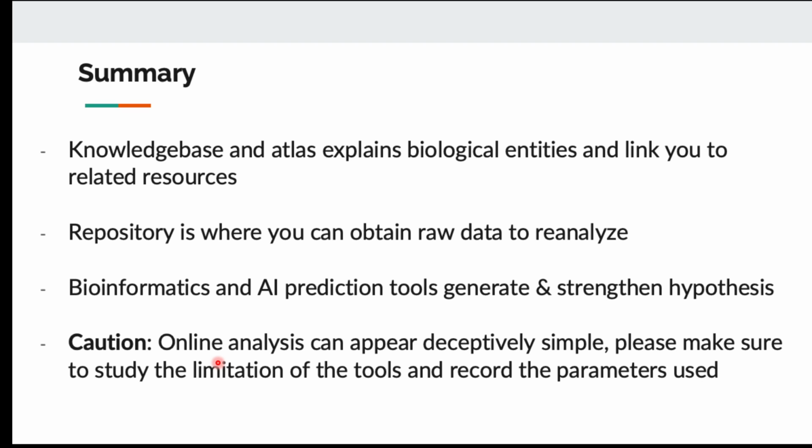So one recommendation that I want to make is, even if you don't change the parameters, at least record them. Maybe take a screenshot or note them down in your text, so that when you run into a problem, you can go back and see that this is the result I got from this tool with the default settings. Then someone can help you fine-tune or change the parameters to solve your problem.